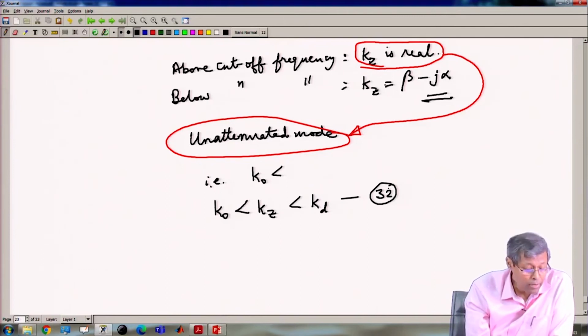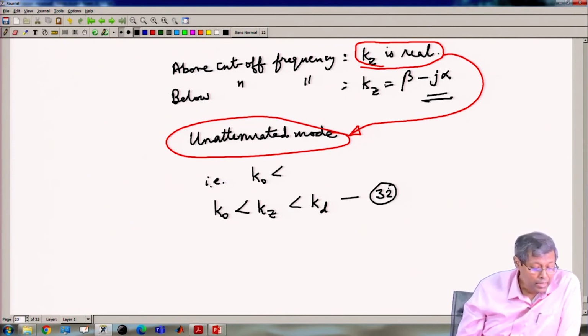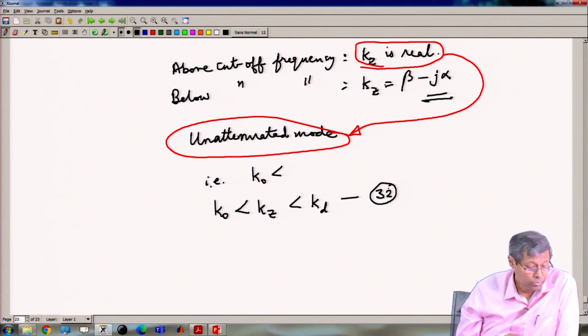We go back to equation number 7. We see that k z is less than k d, because u square plus k z square is k d square. So, k z is less than k d. Now, if k z is greater than k naught, then V is real.